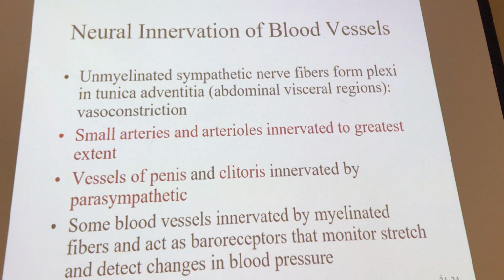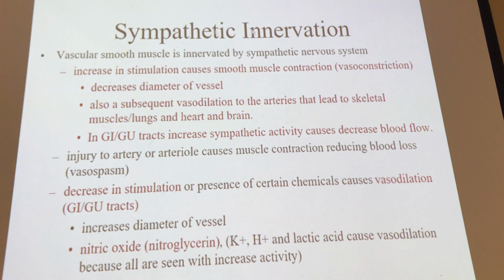Because everything else, all the blood vessels in branches of anyone that we can imagine, superior mesenteric, inferior mesenteric, they're all going to constrict or dilate in the presence or absence of epinephrine and norepinephrine, in the presence of sympathetic or lack of sympathetic output. But these are the only areas where it's parasympathetic that can activate it.